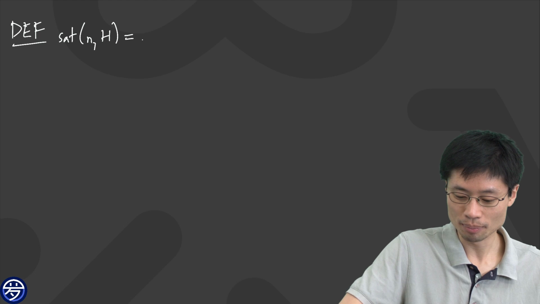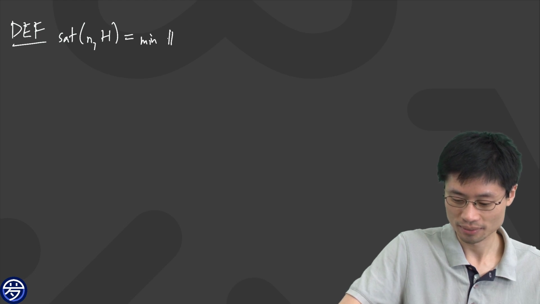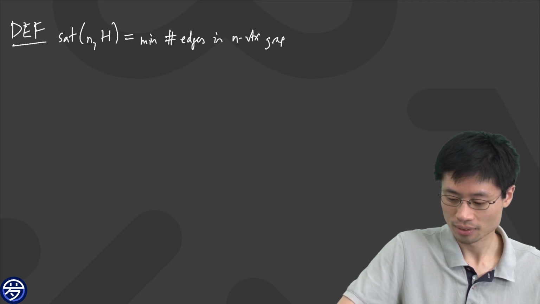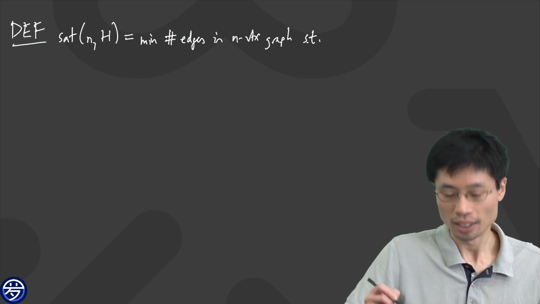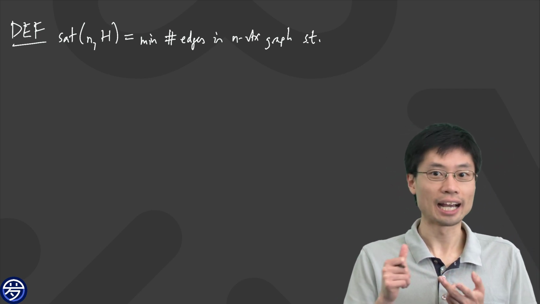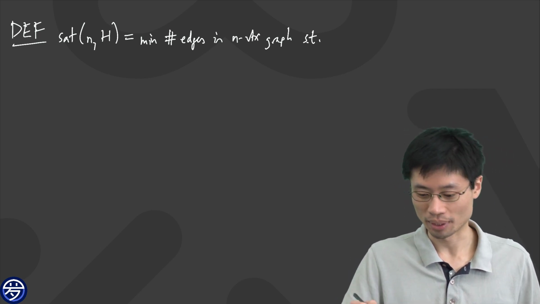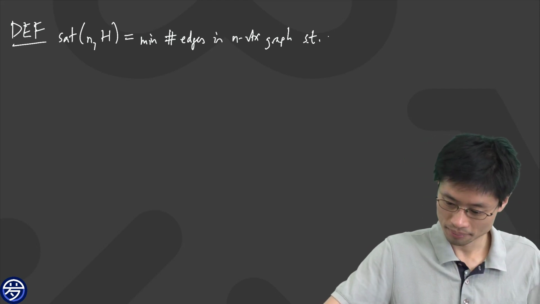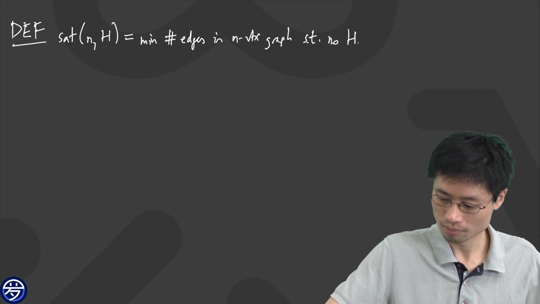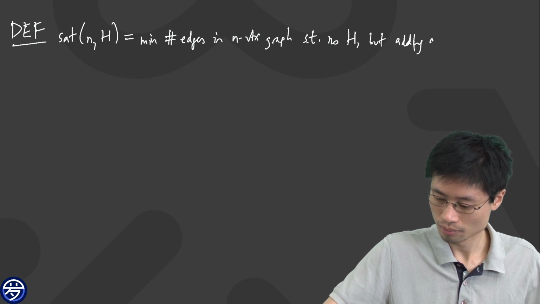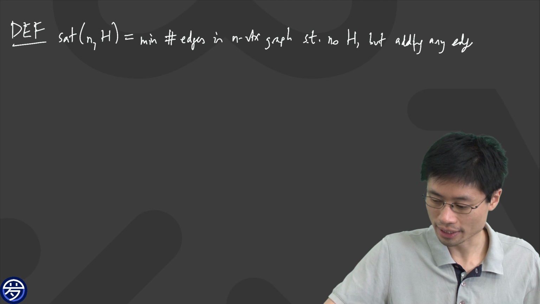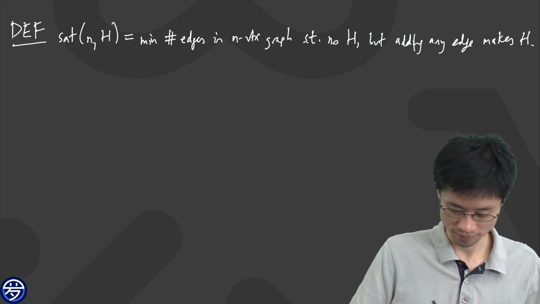That was the minimum number of edges in any n-vertex graph such that it has no H, and adding any other edge makes a copy of H. Adding any edge makes an H.